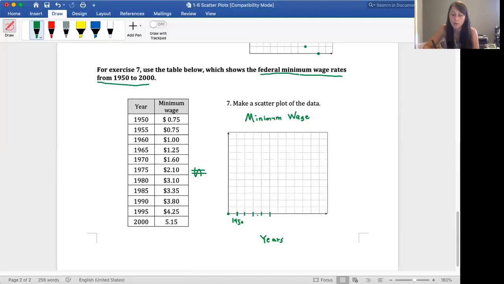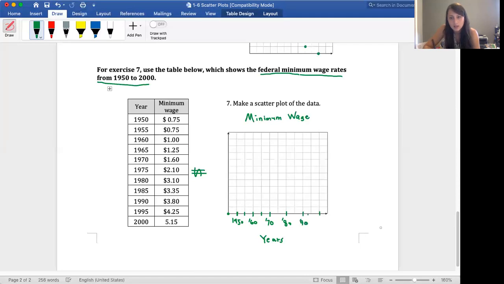So basically I'm going up by 5 per box, because this first one, if that's 1950, I'm going to put 60 here. My little mark goes here actually. So 1960 there. And then this would be 1970. And then I go 1980 to 1990.